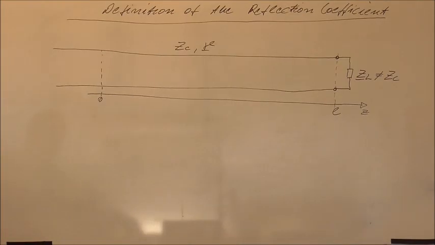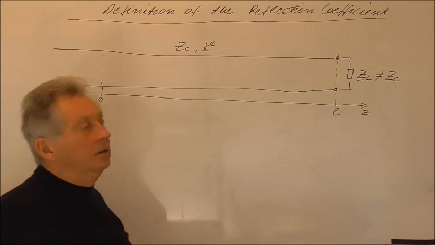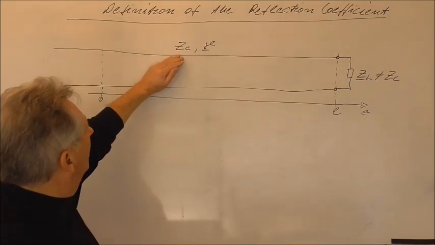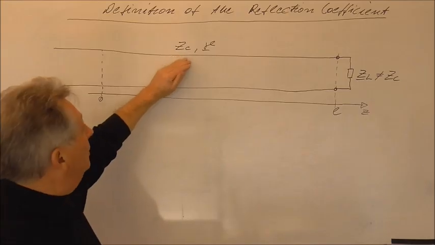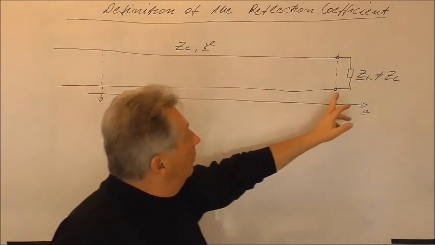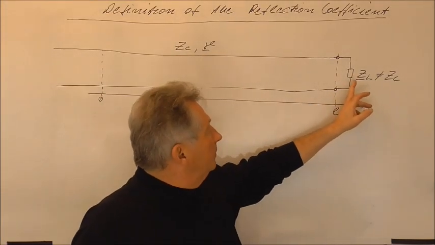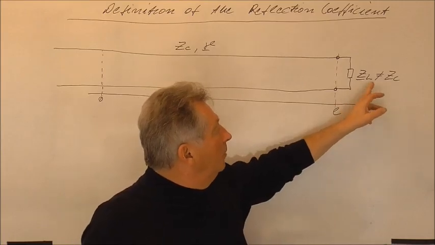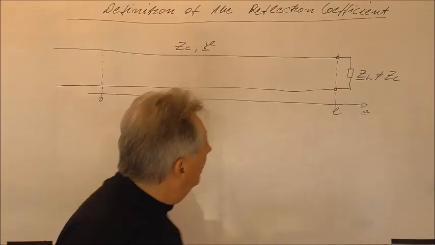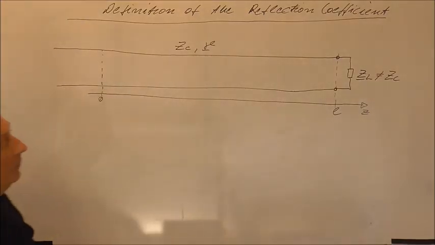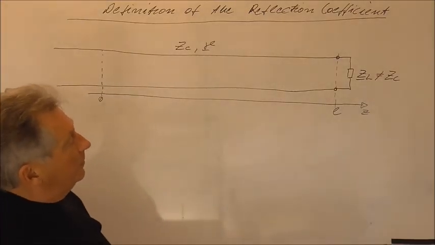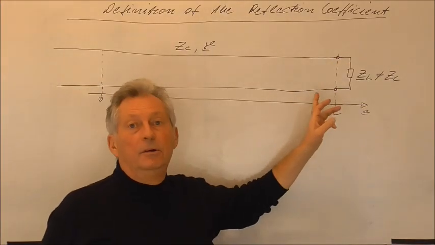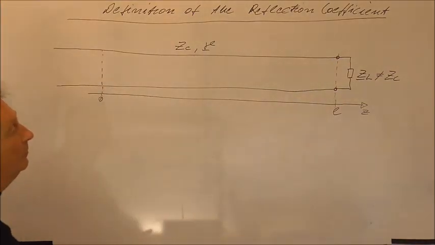I now want to discuss the case where we have a transmission line which is described by its characteristic impedance Zc and gamma, but now I assume that the transmission line is terminated in an arbitrary load impedance ZL. In the step before, we discussed that as soon as we terminate the transmission line in its characteristic impedance, no reflection will occur.